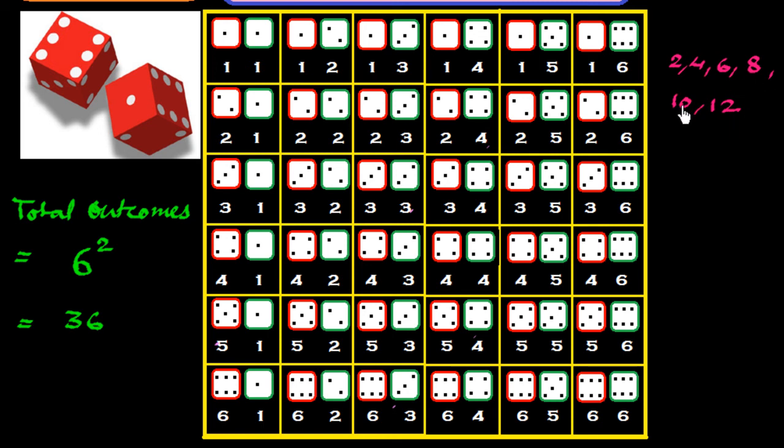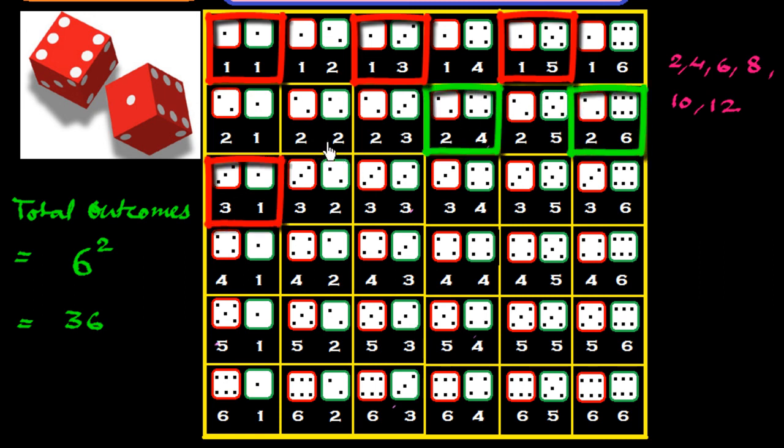How many favorable outcomes do we have? We have to see here. It is 1 1, 1 3 and 1 5. You see 1 plus 1 is 2, 1 plus 3 is 4, 1 plus 5 is 6. So we are getting 3 in this first row. In the second row we again get 3, alternatively: 2 plus 2 is 4, 2 plus 4 is 6, 2 plus 6 is 8, which is also even.